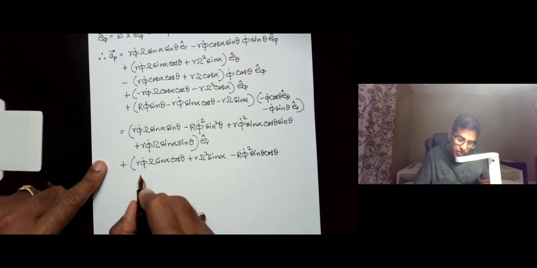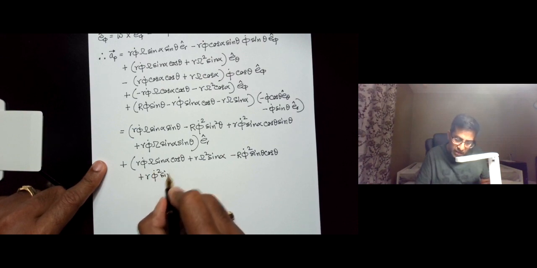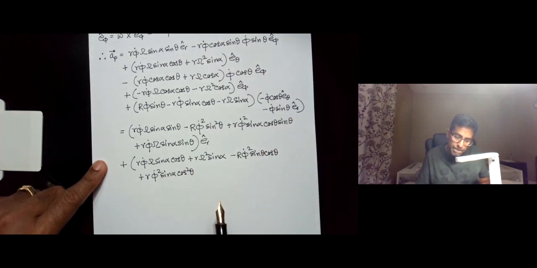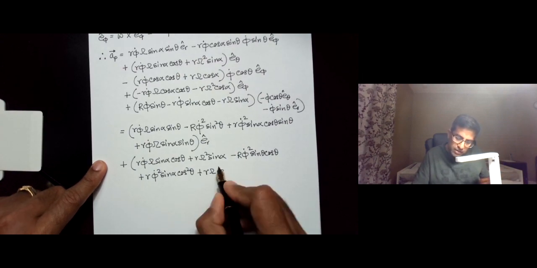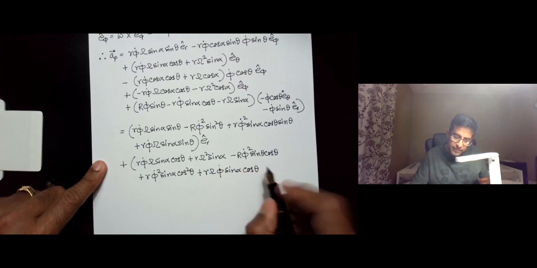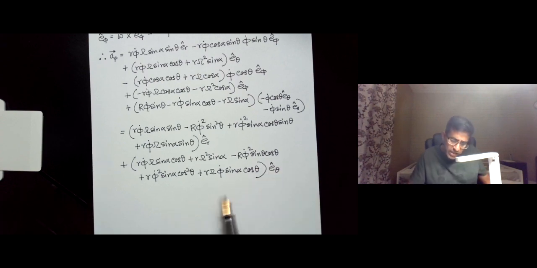We are next going to have plus small r phi dot squared sine alpha cosine squared theta. And then we are going to have r capital omega phi dot sine alpha cosine theta. Now let's see if there is any combination or cancellation happening here. Indeed, these two terms get combined, just like in the ER expression.